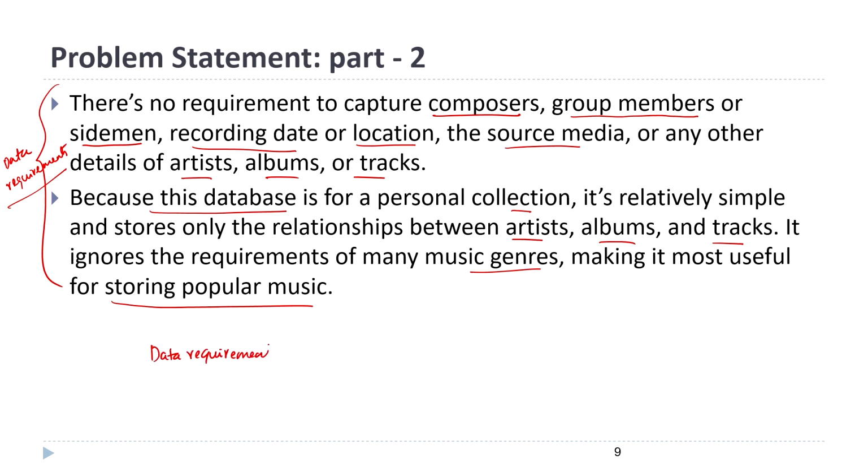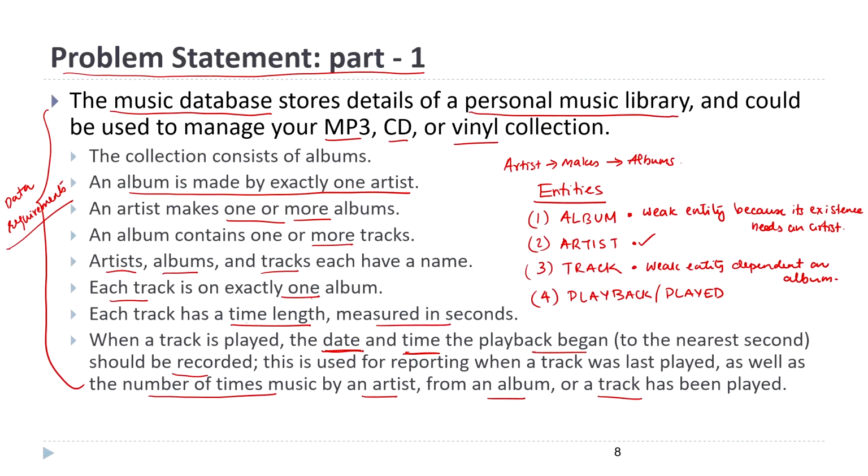Data requirements are created by interviewing the user or the data generator multiple times. So, you keep on interviewing, you meet them, have discussions, etc. From there you come up with these kind of concise statements.